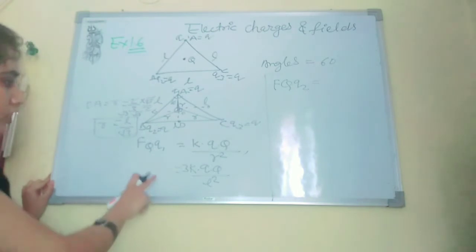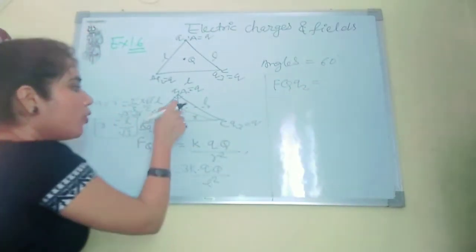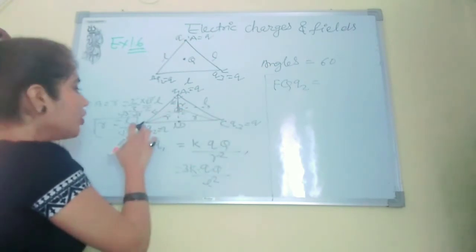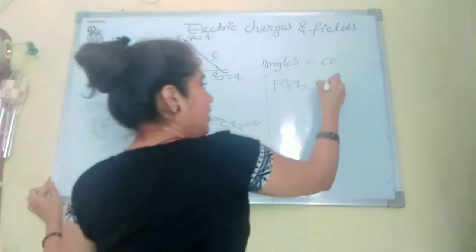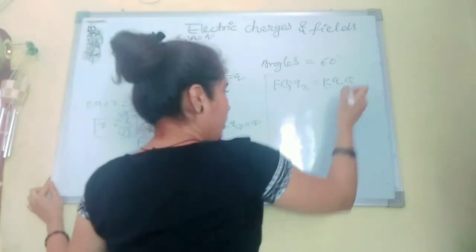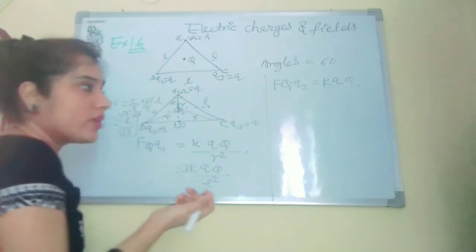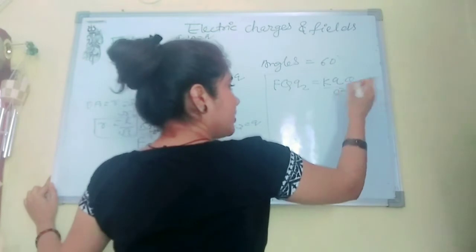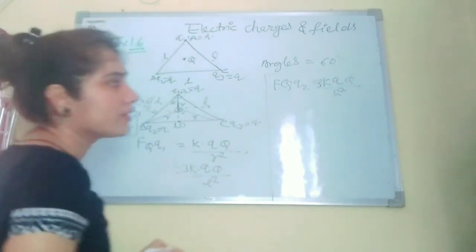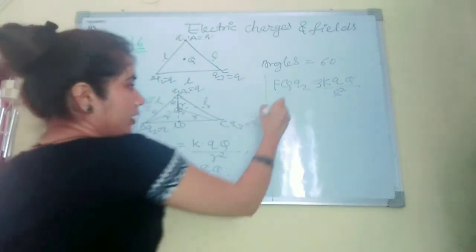FQQ2. So the value of FQQ2 will be the force on Q because of this Q2. The same theory we will apply, that will be KQQ upon R square. The value of R, because this measurement is also R square, so this value of R is L square, and this will be 3 into KQQ upon L square.